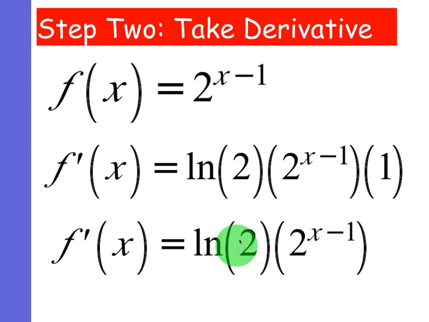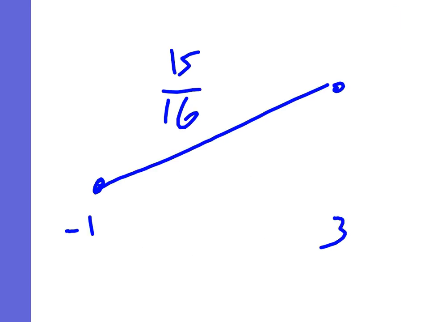Now, how can we ensure that we find an x value where the slope is equal to the slope of the secant line? Well, if the slope of the secant line is equal to the slope of the tangent line, we can just plug in that 15/16 right in the place of f prime of x. In other words, f prime of x is equal to 15/16 in order for this to confirm the mean value theorem.